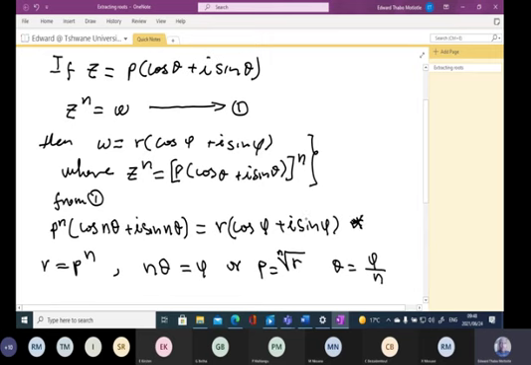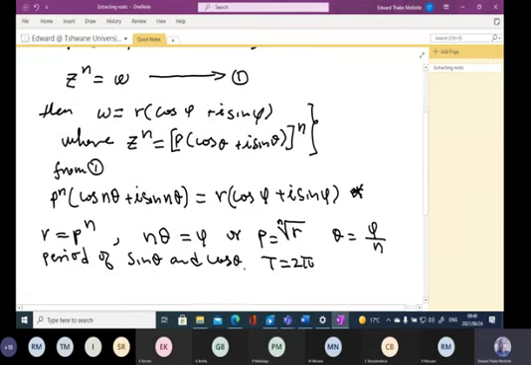Now, how can we use that? Before I use that, you can see here we have sine and cos. What do we know about sine and cos from what we have done under periodic functions? We know that the period of sine theta and cos theta is capital T, equal to 2 pi.